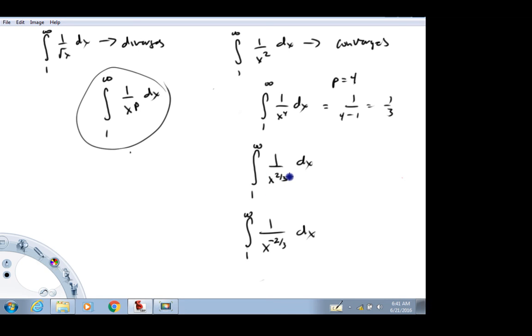For this integral here, p is less than 1, so this integral diverges. And I'm going to ask my class here, what do we think about this one? First of all, identify the value of p.